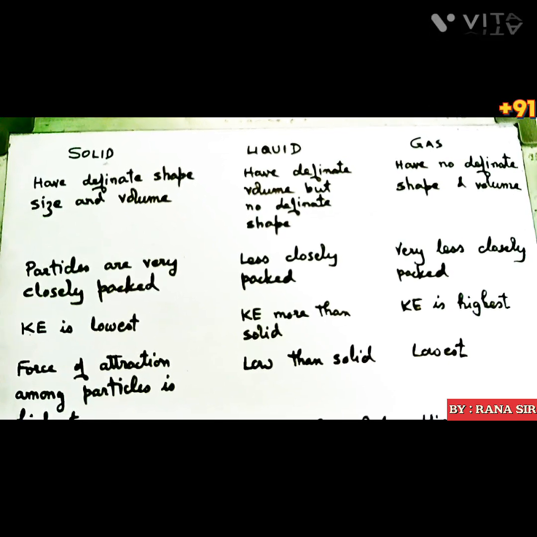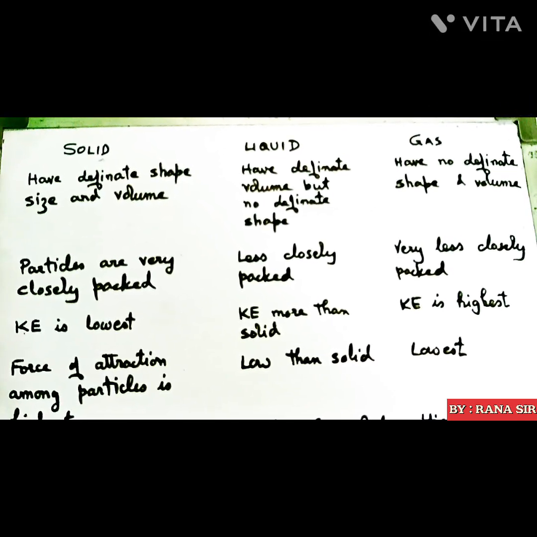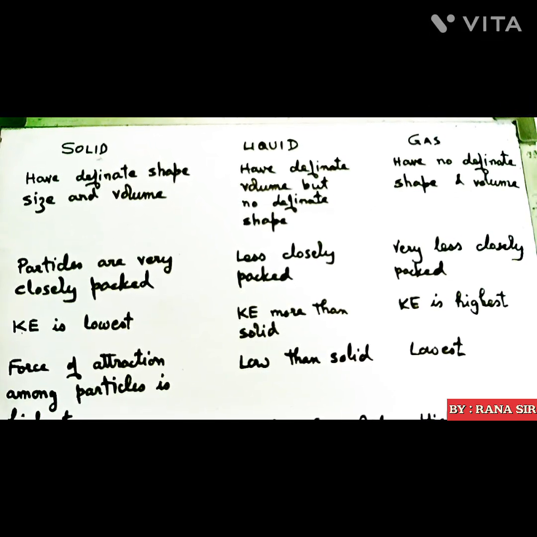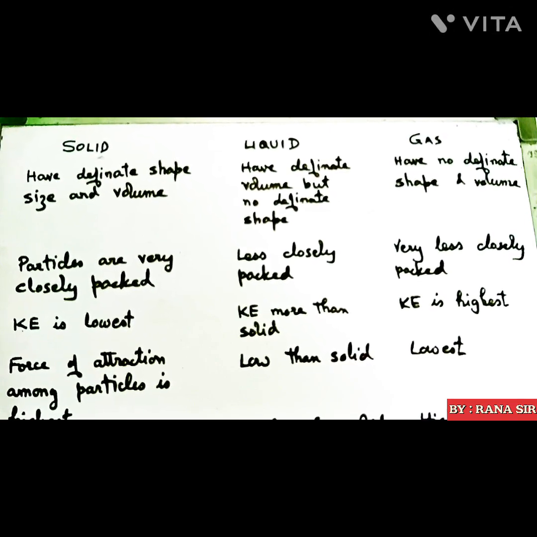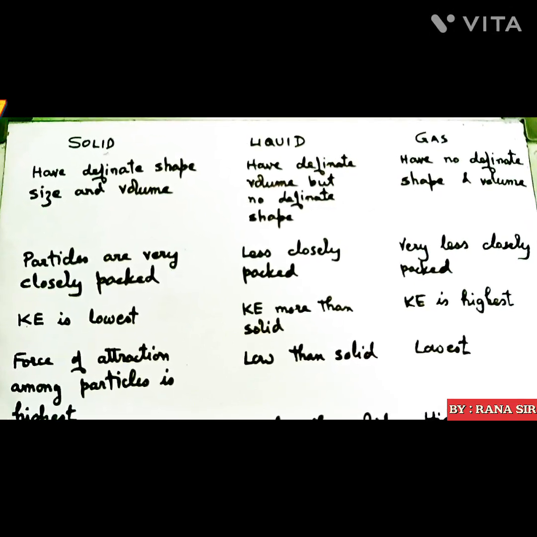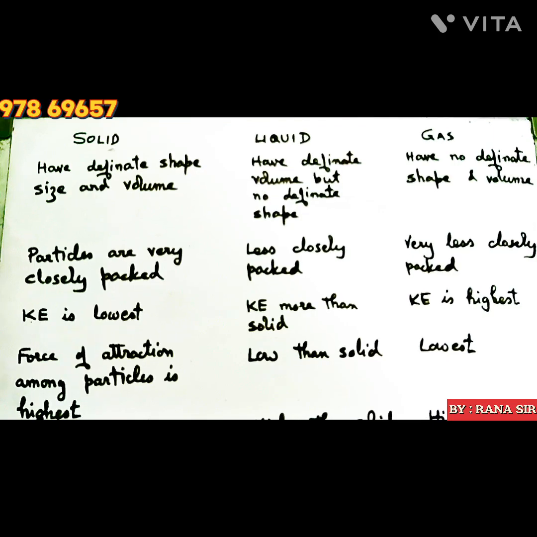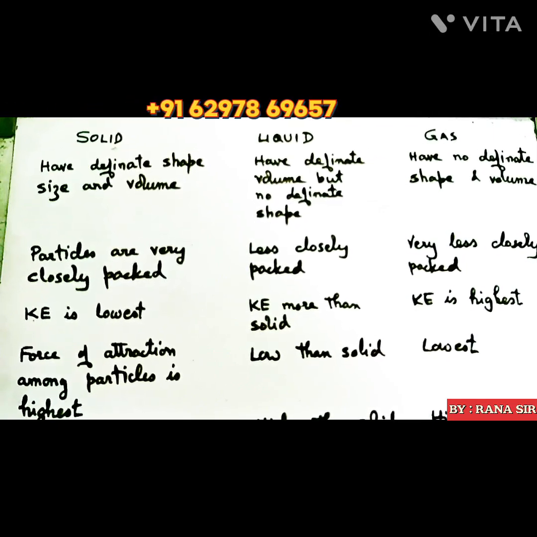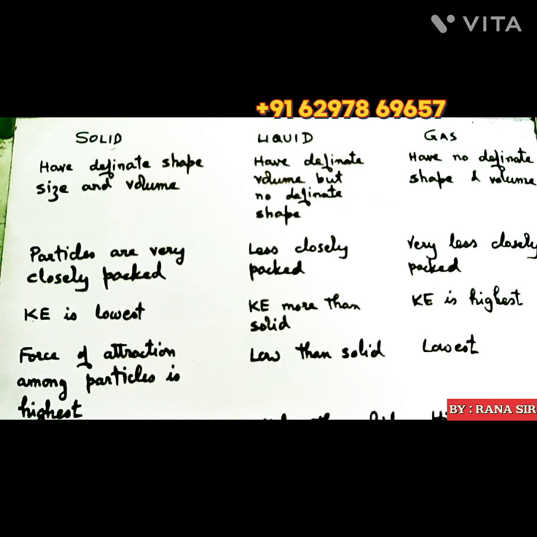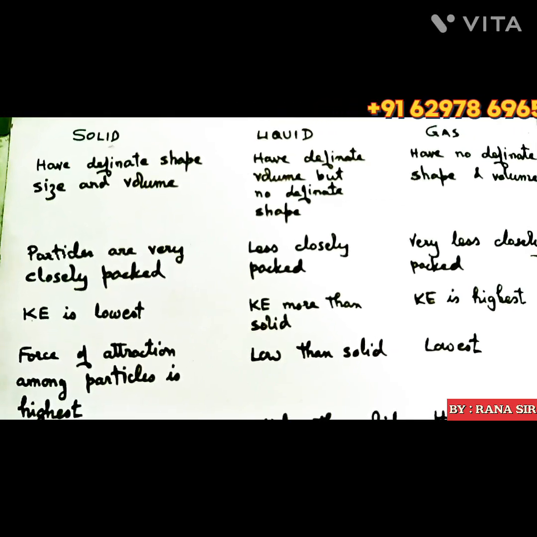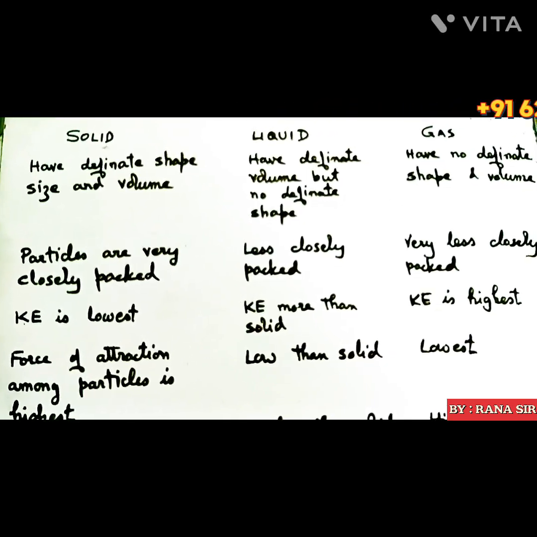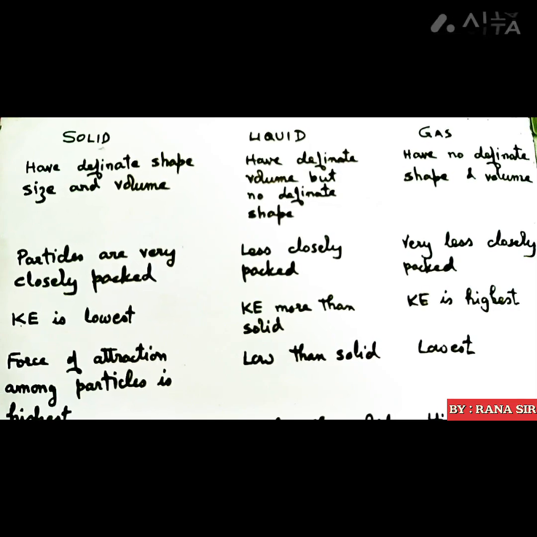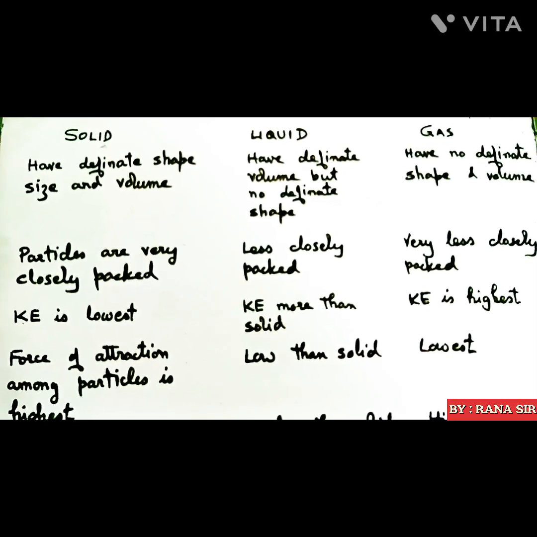So I have jotted down the characteristics of the three states of matter: solid, liquid and gas. Solid has definite shape, size and volume. Liquid has definite volume but no definite shape. And gas has no definite shape and volume.